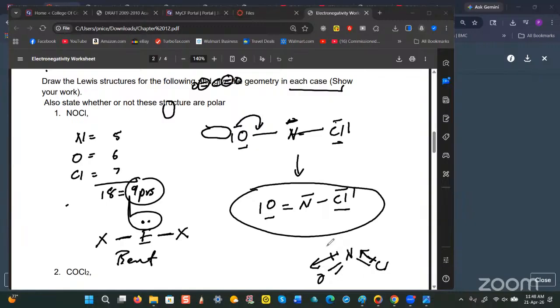So therefore, these dipoles will not cancel out each other. So as a result, the molecule is going to be polar because the net polarity is a non-zero value.